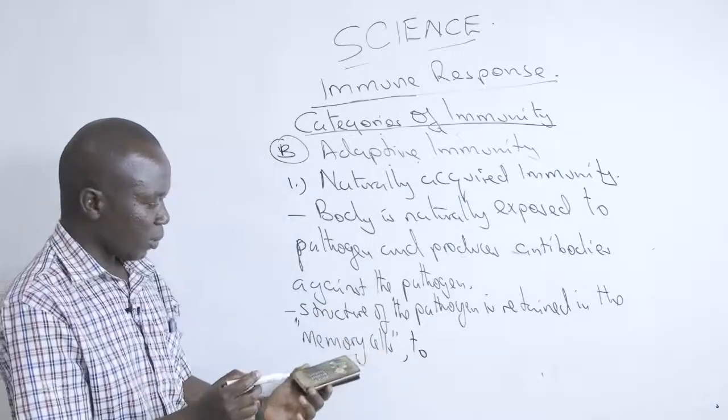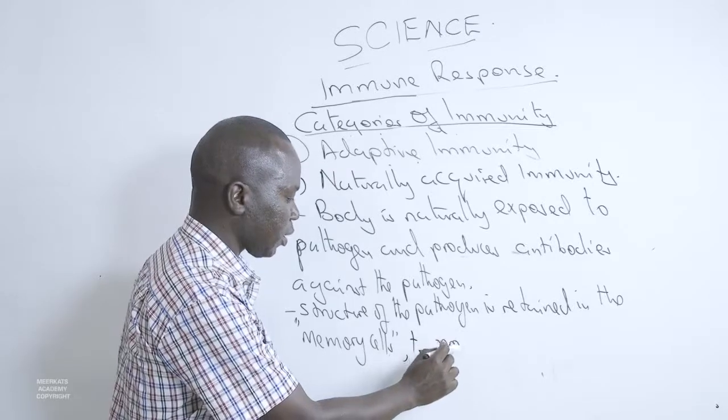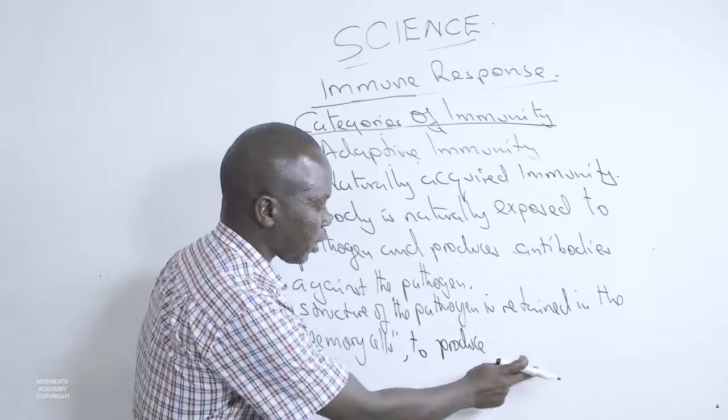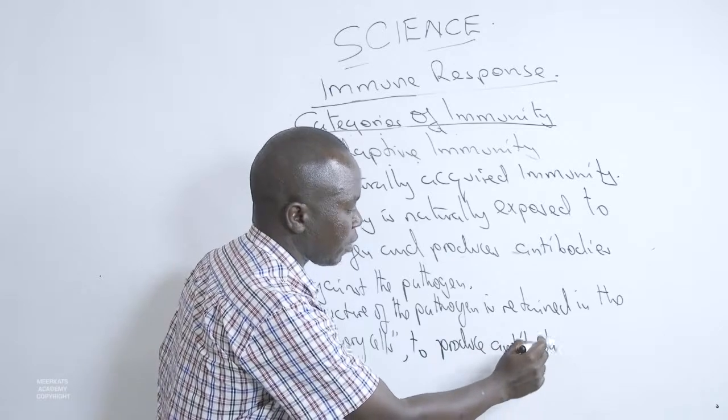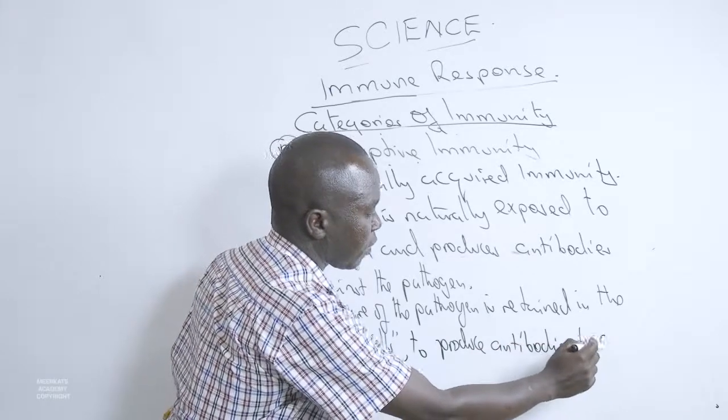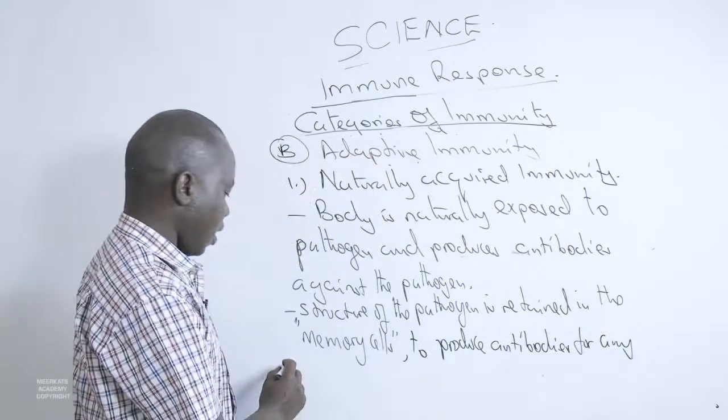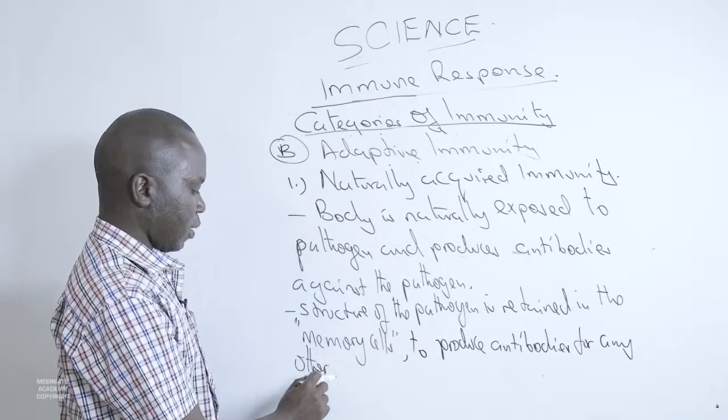So the role of memory cells is to produce antibodies for any subsequent attack.